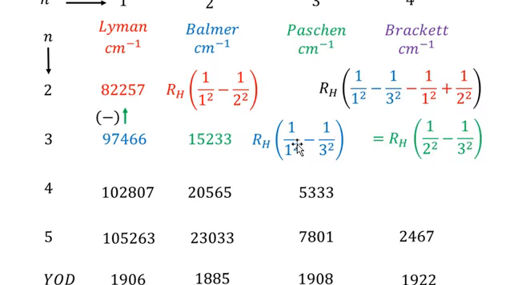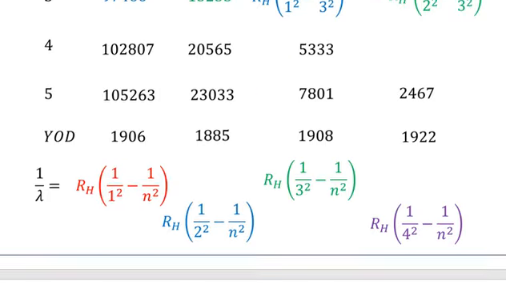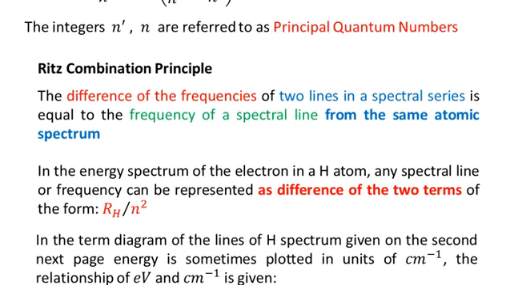Because, as I have mentioned over here, you have the Lyman formula in red, the Lyman formula in blue, and the subtraction of these two wavelengths will give you the wavelength in green, which belongs to the Balmer formula. Similarly, you can have different subtractions and generate different wavelengths. This is called the Ritz combination principle, which I am going to elaborate on now.